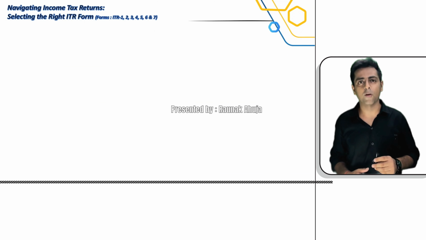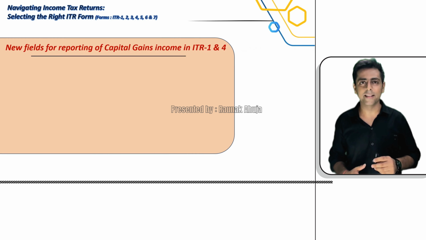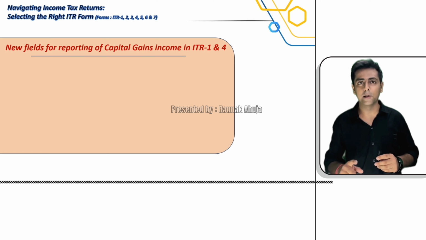The new income tax forms for the financial year 24-25 have already been rolled out by the Income Tax Department. The rolling out of these income tax forms brings out certain major changes in the reporting fields. One such major change out of the many changes includes reporting of capital gains under Form ITR 1 and ITR 4.